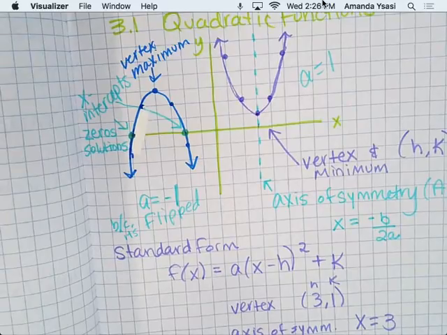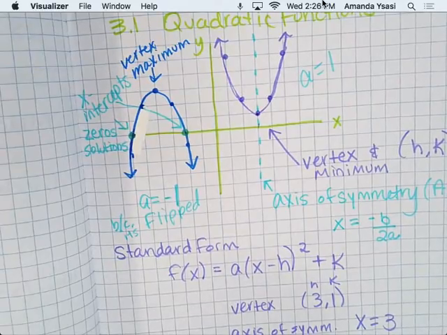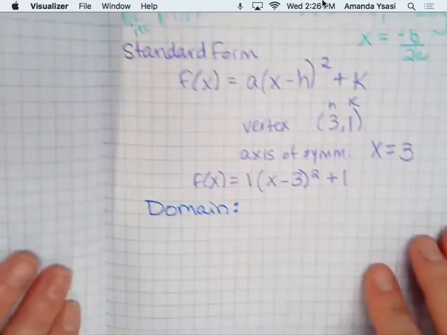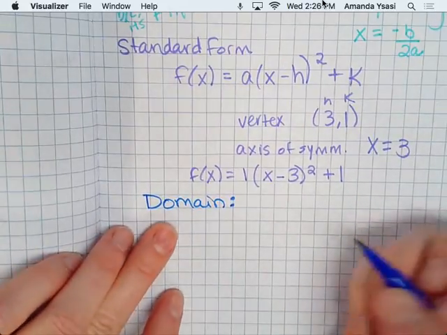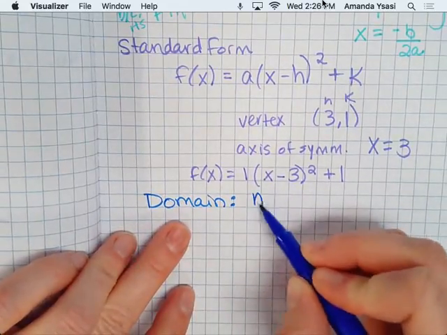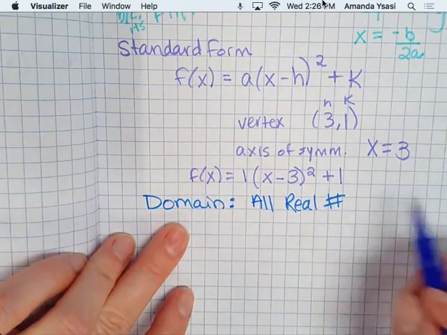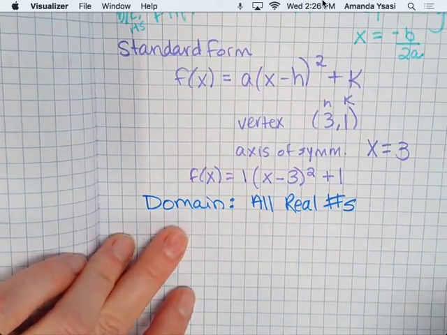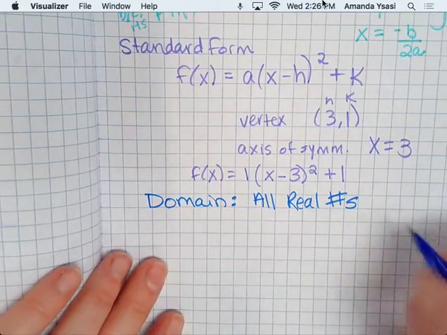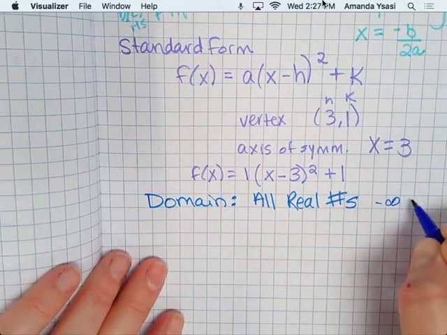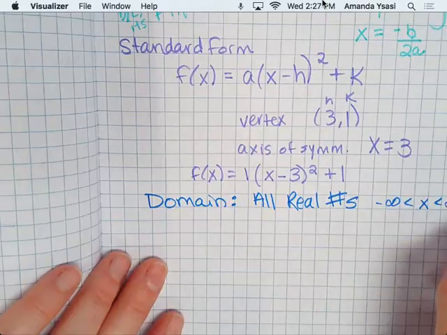And then domain and range for this. So your domain and range for parabolas, your domain is all real numbers. As long as it goes on and on, it's going to go from left to right. So negative infinity is less than x is less than infinity.